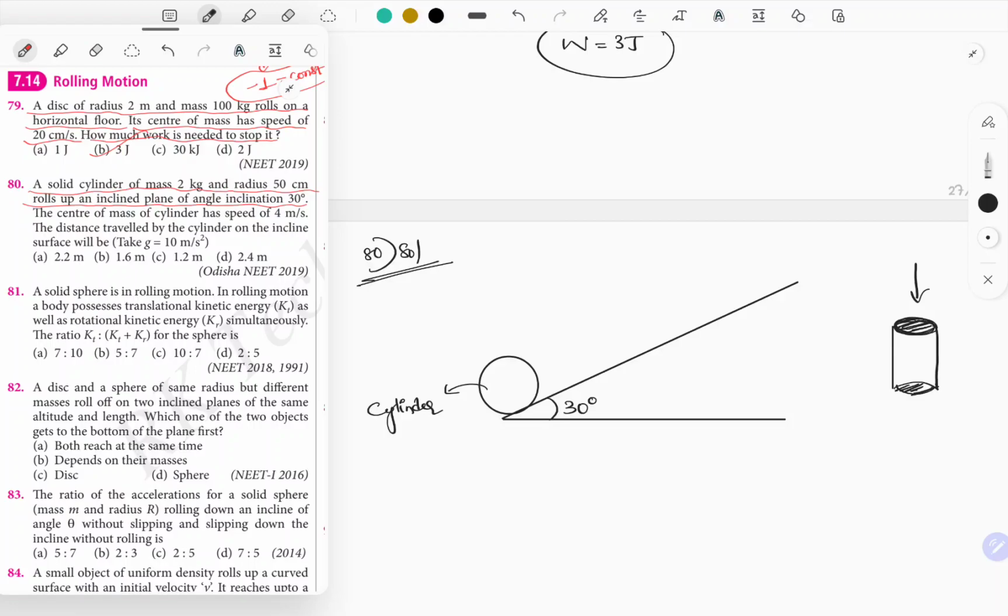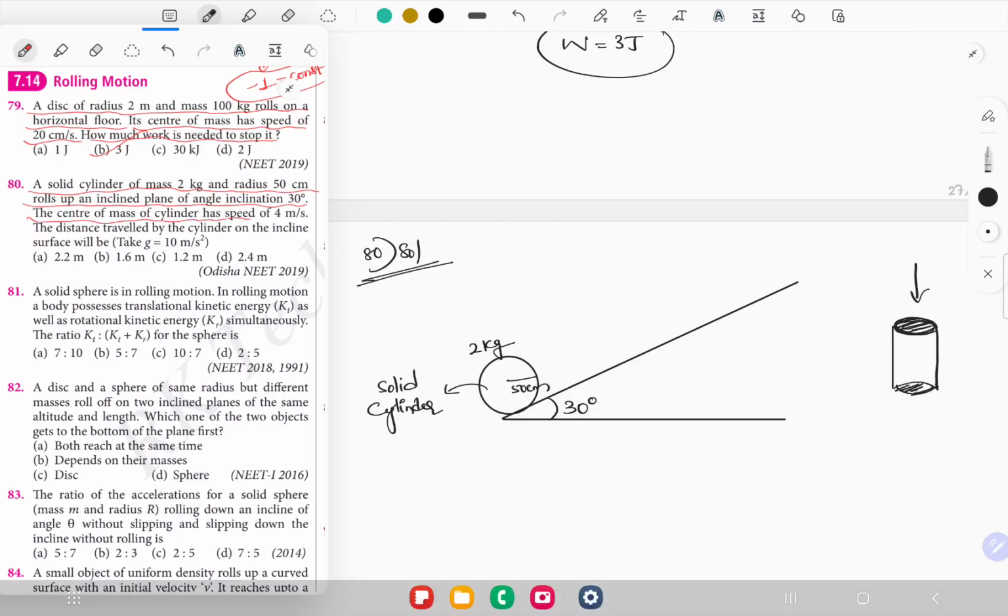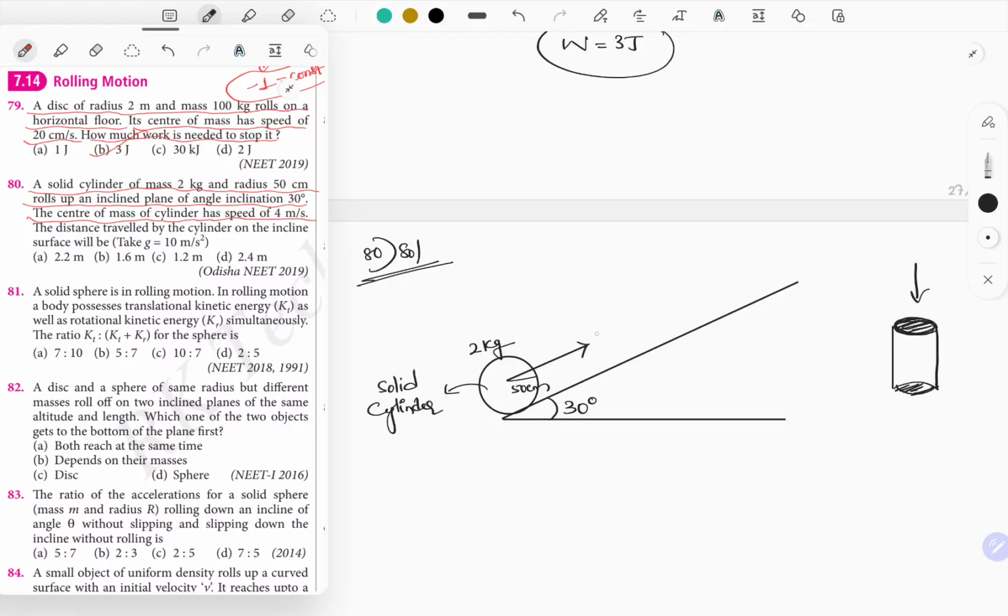Next, what's the mass of this object? It is 2 kg. They said it is a solid cylinder. Angle of inclination is 30 degrees. Radius is 50 centimeter. The center of mass of the cylinder has a speed of 4 meter per second. Super. So it is moving up with a velocity of 4 meter per second.